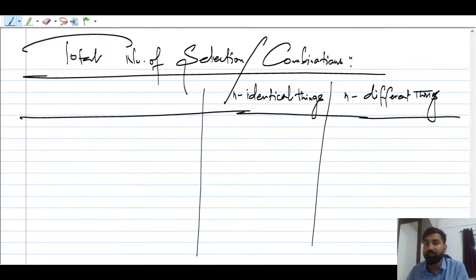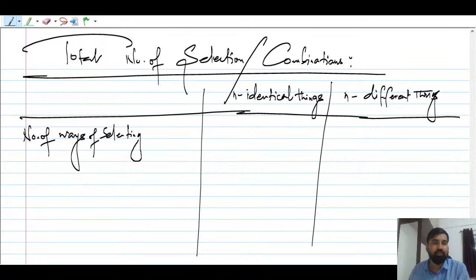Suppose you are selecting 0 things. We're starting with number of ways of selecting 0 things. Can somebody tell me what will be here?